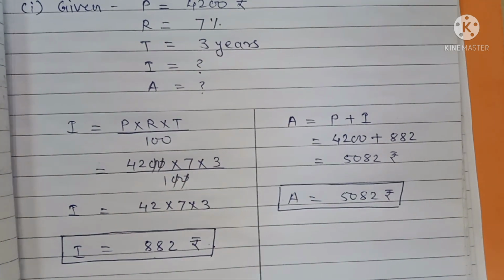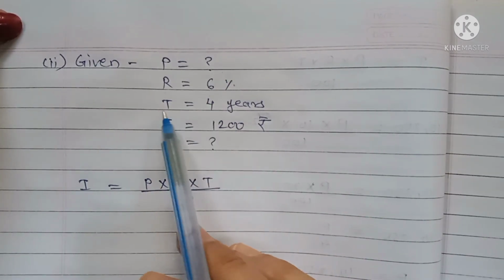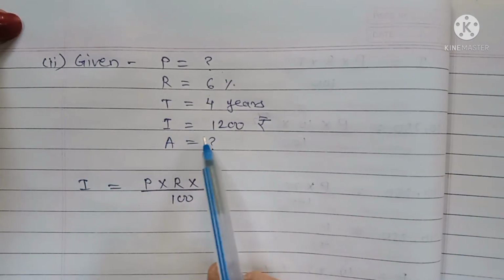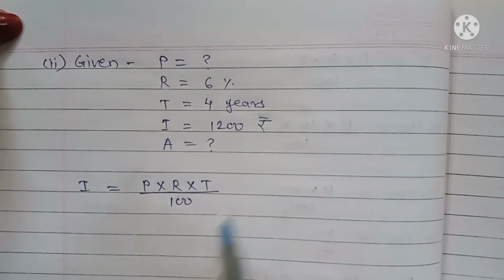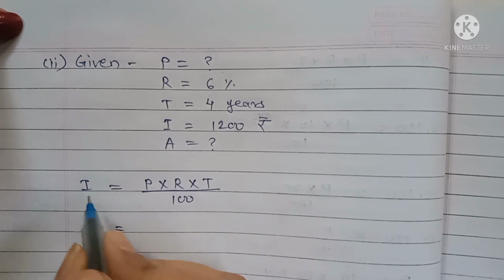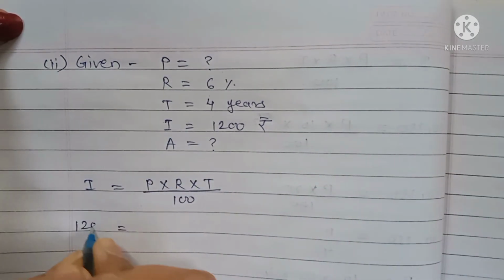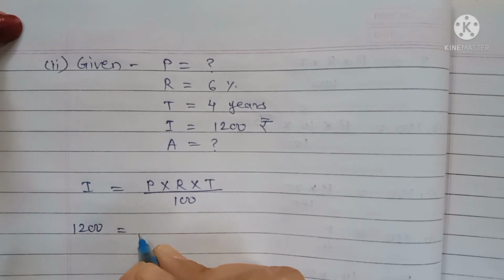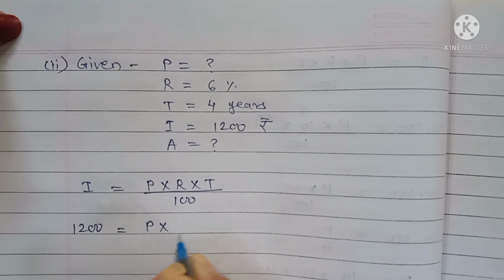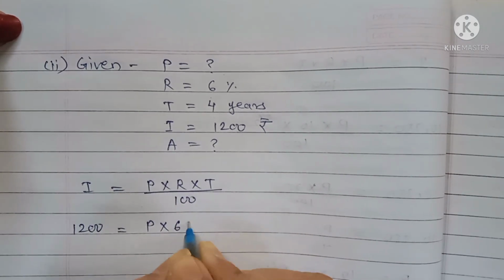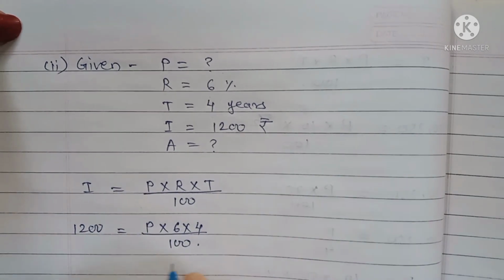Now next, second question, find the value of P. R is given 6%, T is given 4 years, I is given 1200 rupees, and you can find the value of A. Same formula, I is equal to PRT upon 100. 1200 is equal to P, as it is, multiply by R 6, T 4 upon 100.